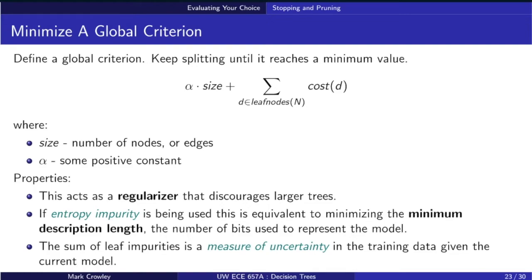Okay, so the fourth option we had there was minimizing some other criterion, so you could come up with a more general formulation for that. How does this one work? So we've got our cost that we computed before on the current node, and we can basically put another penalty or regularizer on the whole thing, right?